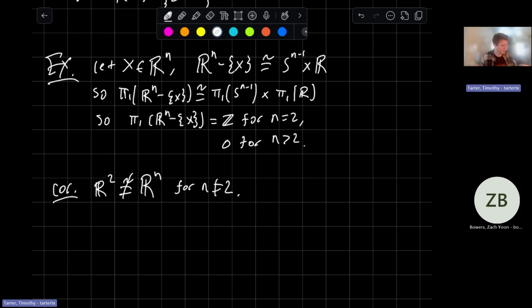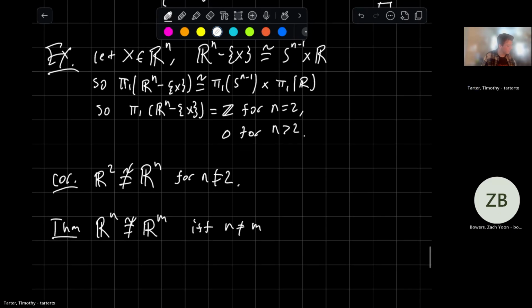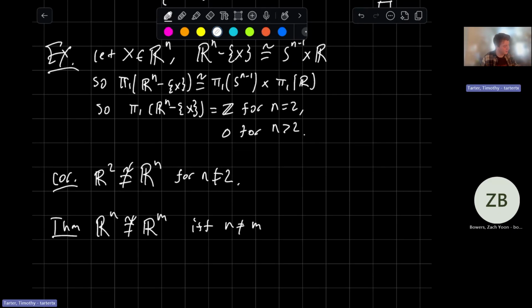And like, duh? Okay. I guess really the theorem that's going on here is that R^n is not homeomorphic to R^m if and only if n is not equal to m. So I don't know.